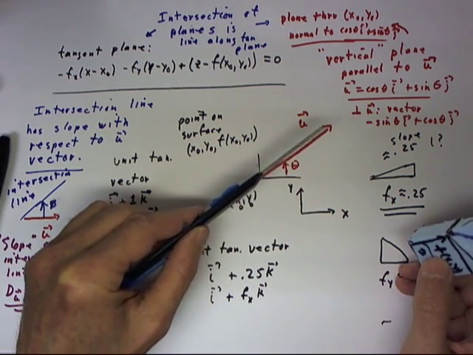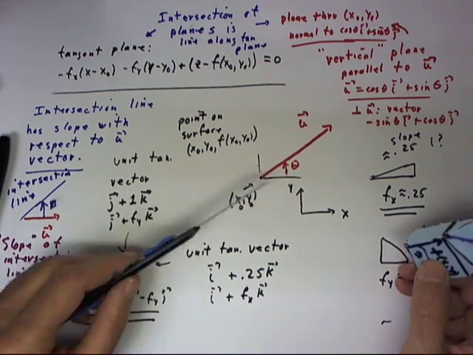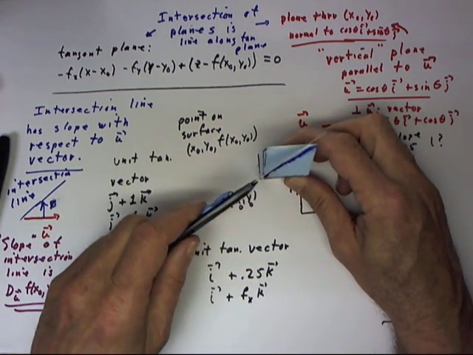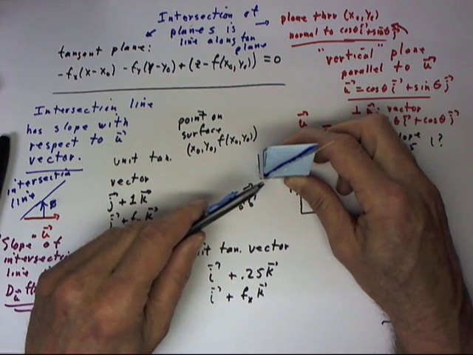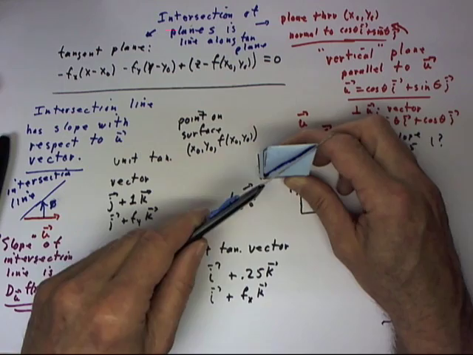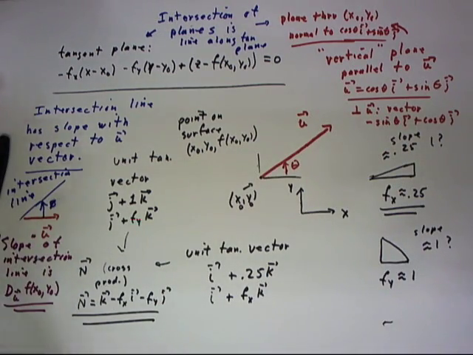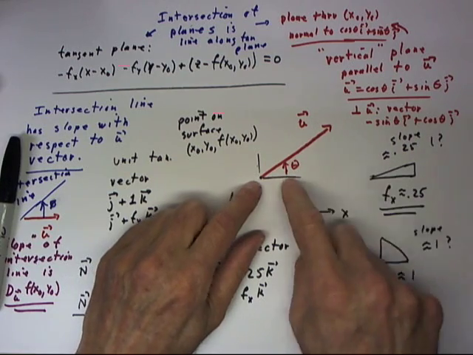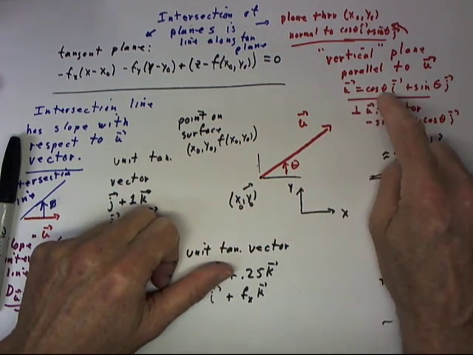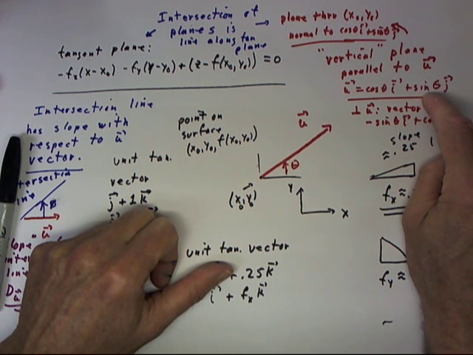So this plane is perpendicular to the XY plane. We ask what would happen if we cut the surface parallel to that plane. Now let's see what the representation of that plane would be. The u vector, if it makes angle theta, is u equals cosine theta i plus sine theta j.